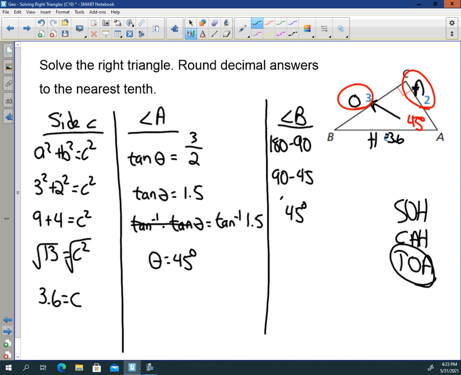And so we know that angle B is 45 degrees, and we have now completely solved that right triangle, because we know all side lengths and all angle measures.